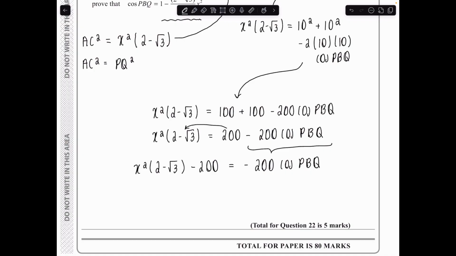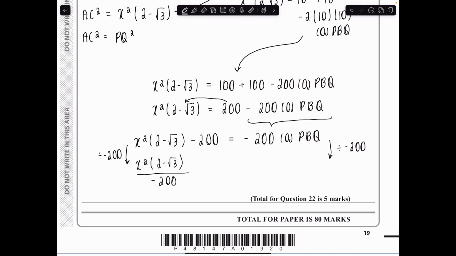But we don't want minus 200 lots of cos PBQ, we want cos PBQ on its own. So we need to do the opposite of multiplying, we need to divide by negative 200. So what does that leave us with? We have x squared, 2 minus root 3, being divided by negative 200. Then we have minus 200, which is being divided by itself, so we have plus 1. Then that is equal to cos PBQ.